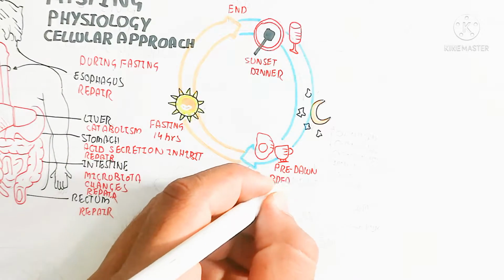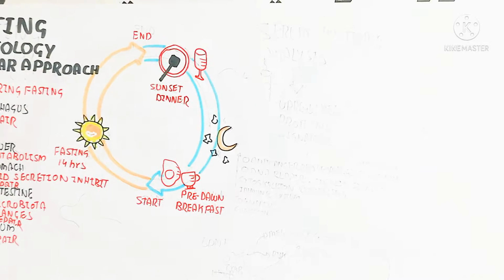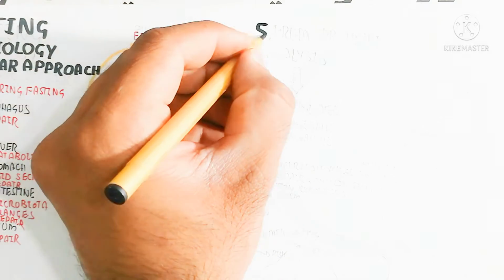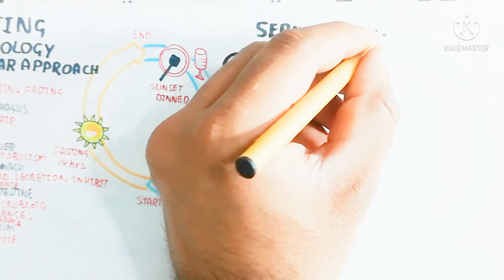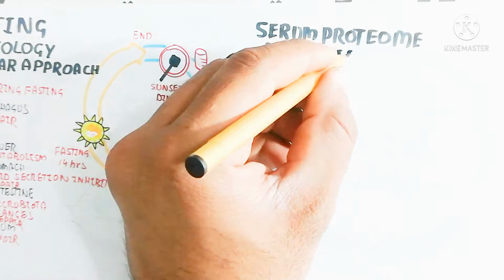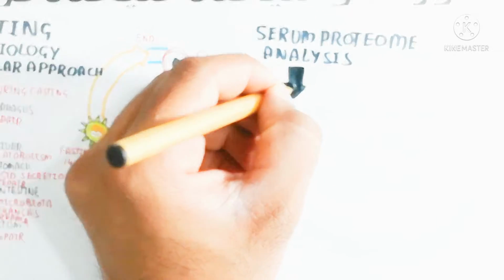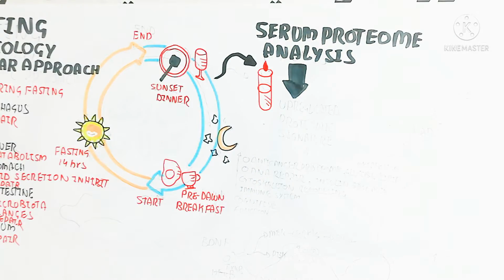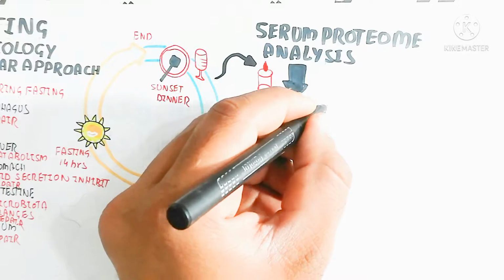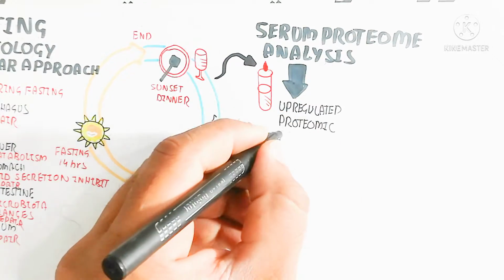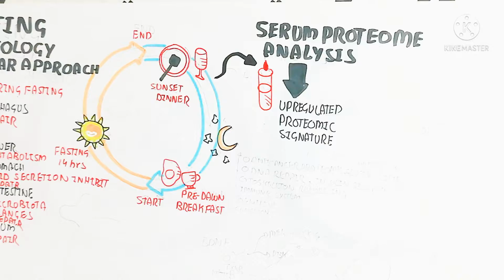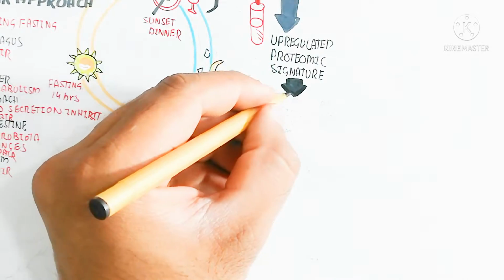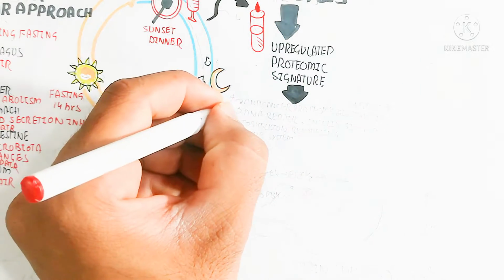After the fasting is opened, we analyze the serum proteome. The proteome is basically the formation of proteins due to the different functions of the cell, and the serum proteome analysis gives an upregulated proteomic signature. The anti-cancer proteome, proteins that support anti-cancer processes, will improve.